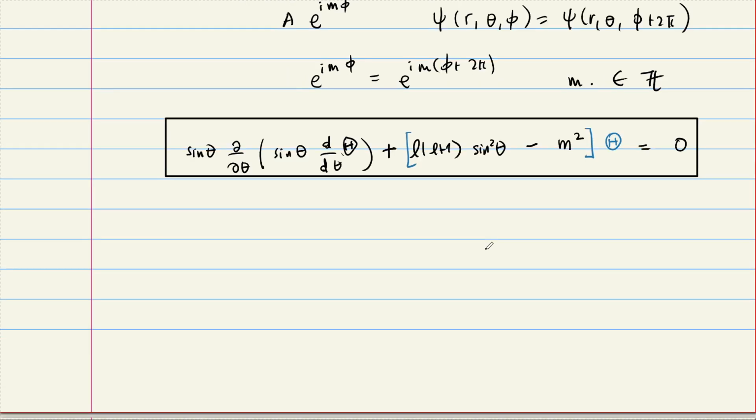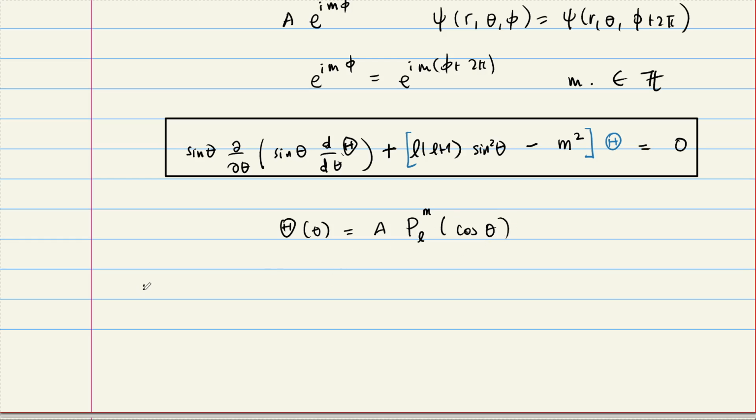So this equation is not easy to solve. I'll just write you the solutions. So this uppercase theta of theta is some constant times this P_l^m of cosine theta.